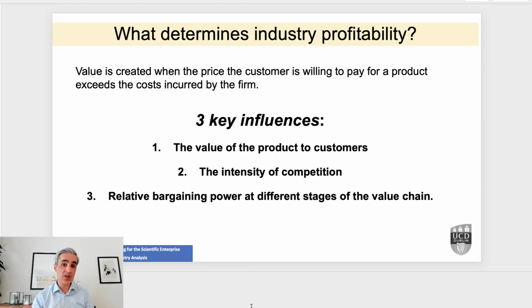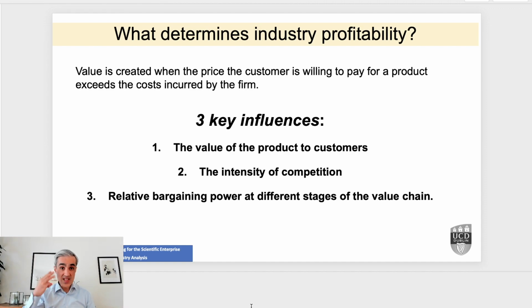So when we talk about graphene in that industry, that's important as well. The graphene that you buy, or the graphite that you buy to turn into graphene, how easy is it for you to negotiate the price? So we go back to the same idea. The more suppliers you have, the more bargaining power you have over them, because now you can always go to another one.